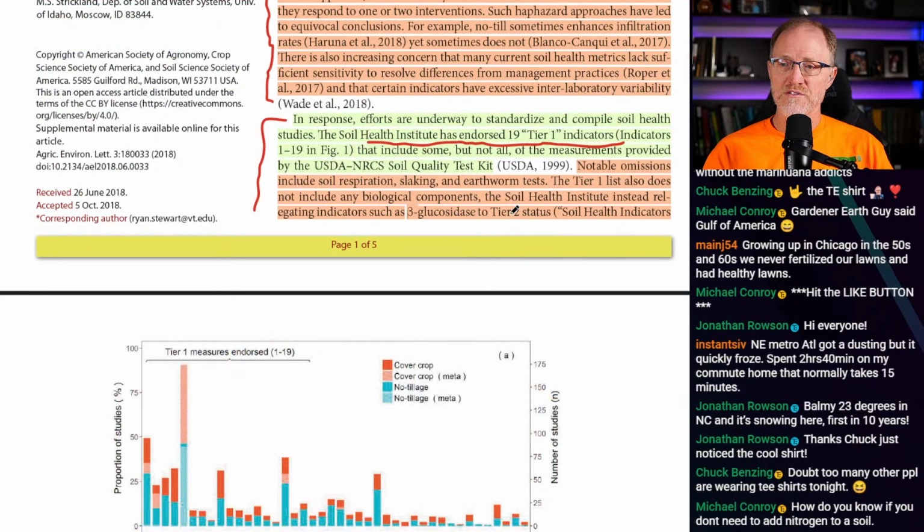Notable omissions to these indicators include soil respiration, slaking, and earthworm tests. The Tier 1 list also does not include any biological components. The Soil Health Institute instead relegated indicators such as beta-glucosidase, whatever that is, to Tier 2 status.